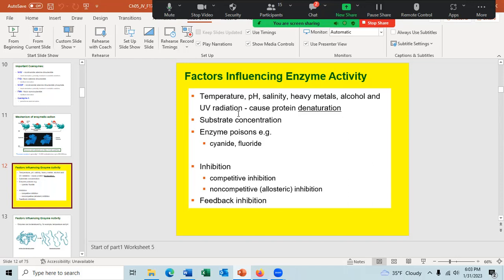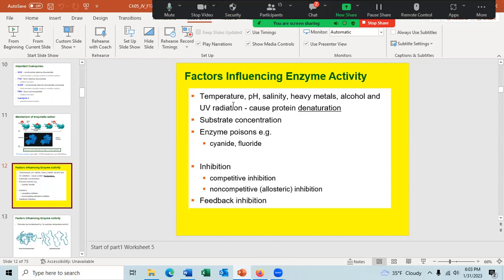And that will happen if you freeze the enzyme, it clearly won't work. Or when you heat the enzyme, it won't work. And it depends on the enzyme what its minimum and maximum temperature is. But most of our enzymes will not work when they're frozen, because our cells aren't going to be metabolically active when they're frozen. But also when you heat them up, they will not work as well, and if at all. And certainly if you were to boil our enzymes, they would not work at all. Okay?